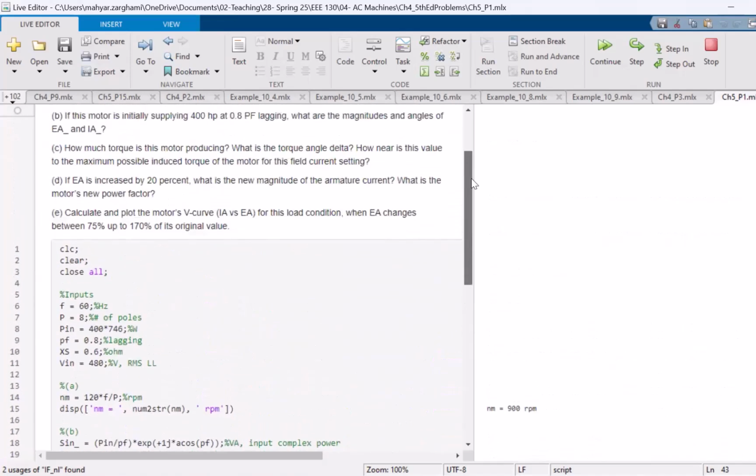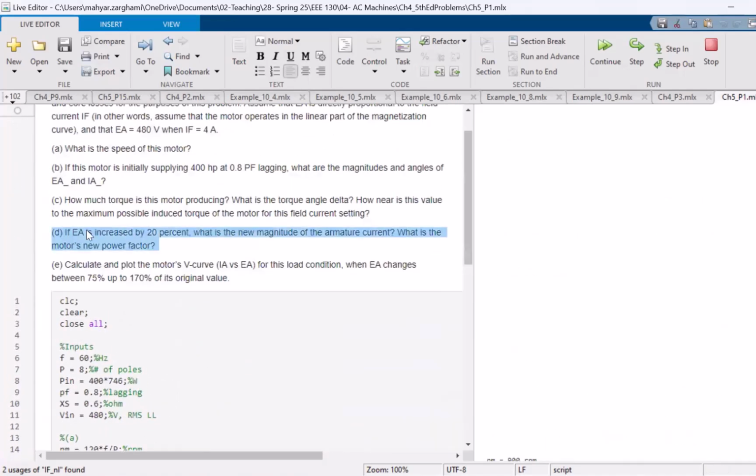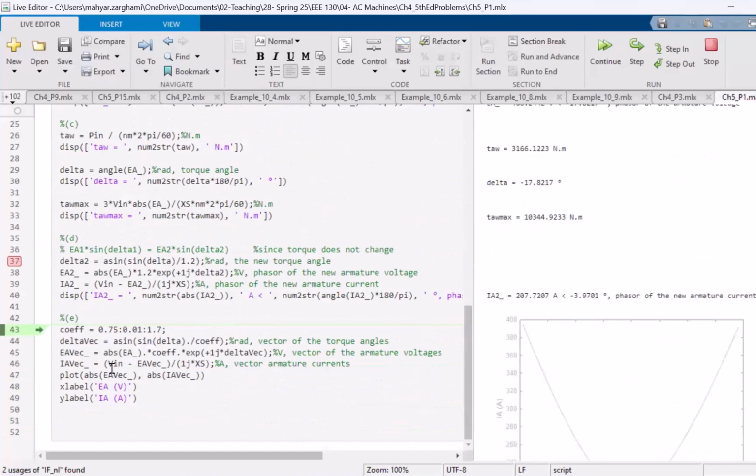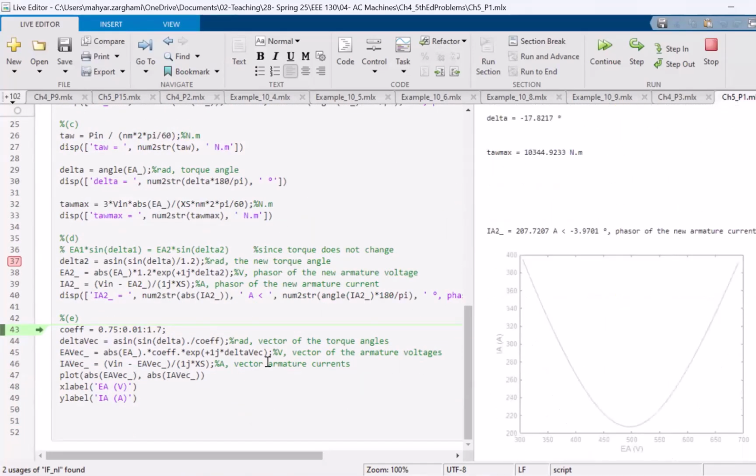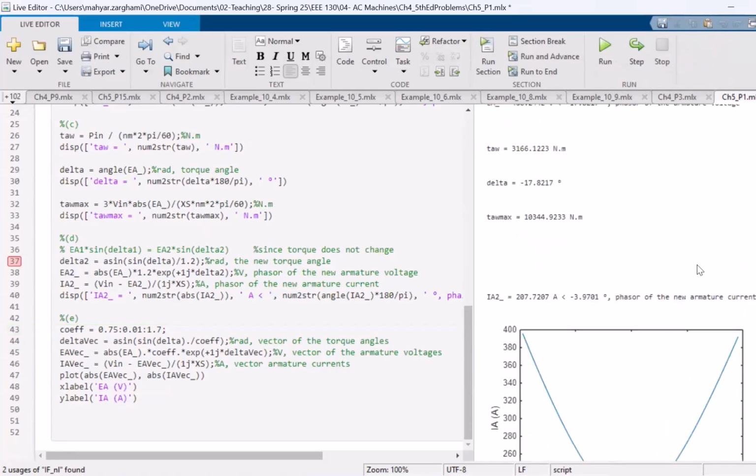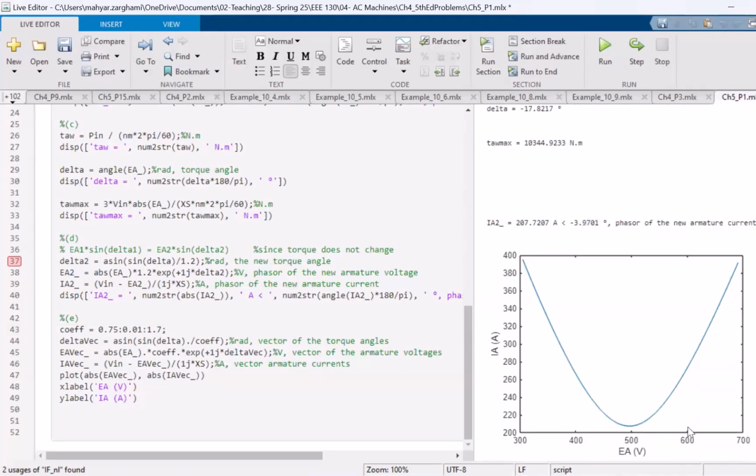So this is kind of an extension to part D, plotting the values with respect to each other. Instead of doing that by 120% only, we change it from 75% up to 170% and recalculate everything and then plot EA versus IA. So this is what's been done to give you IA versus EA.